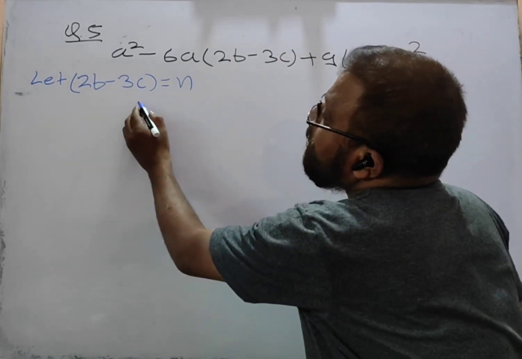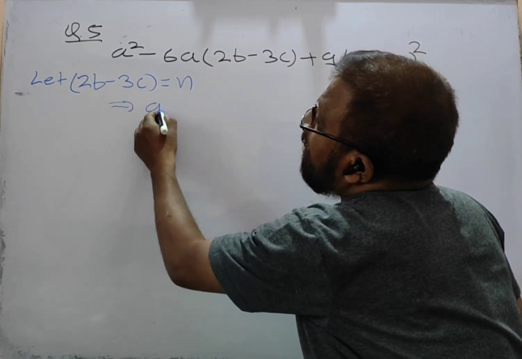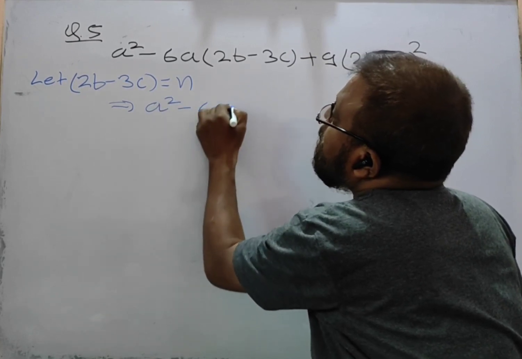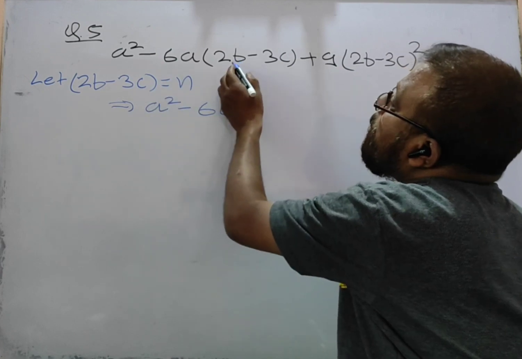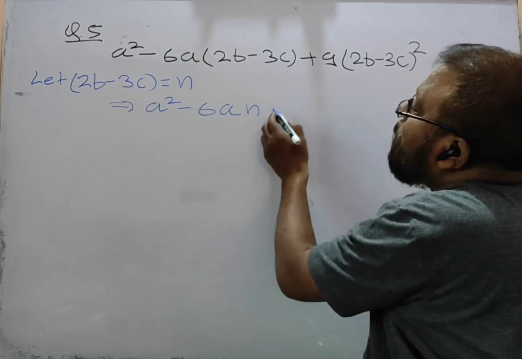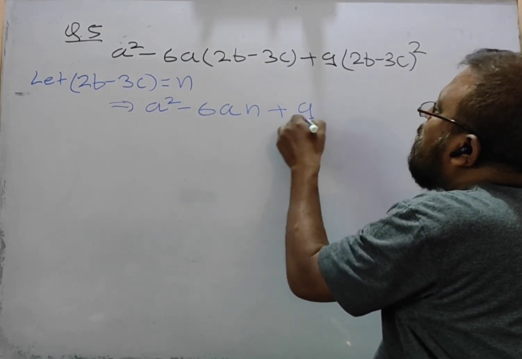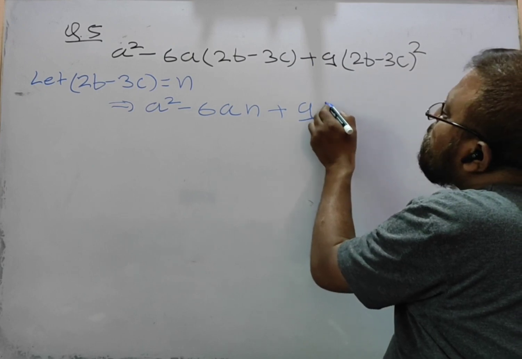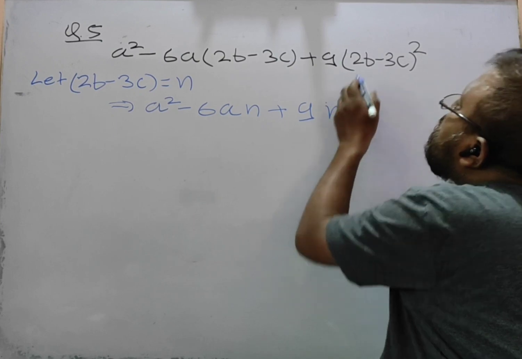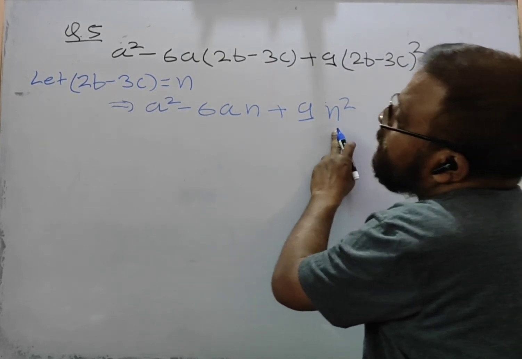So now we put the value and we get a square minus 6a n plus 9, and in place of 2b minus 3c we will write n square. (2b minus 3c) whole square means n square now, right?